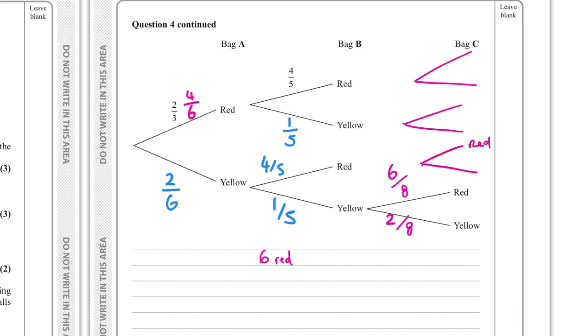Again, we have red, yellow, red, yellow, red, yellow. Okay, so I'm going to do the top one first. Oh no, I'll do the next one. Right, now imagine if I took a yellow ball from A, and a red ball from B. What does that mean? It's still all out of 8.